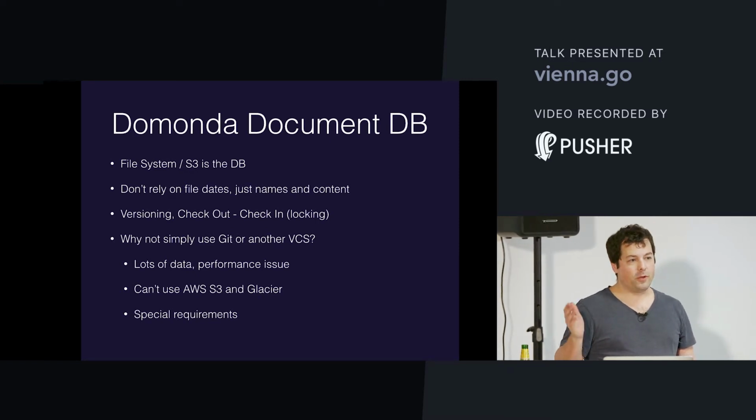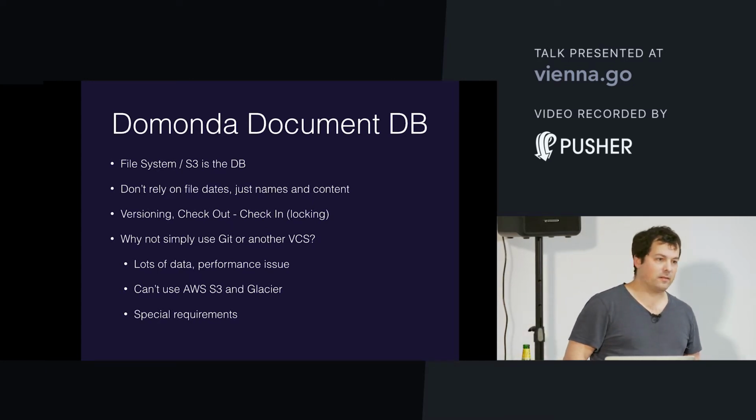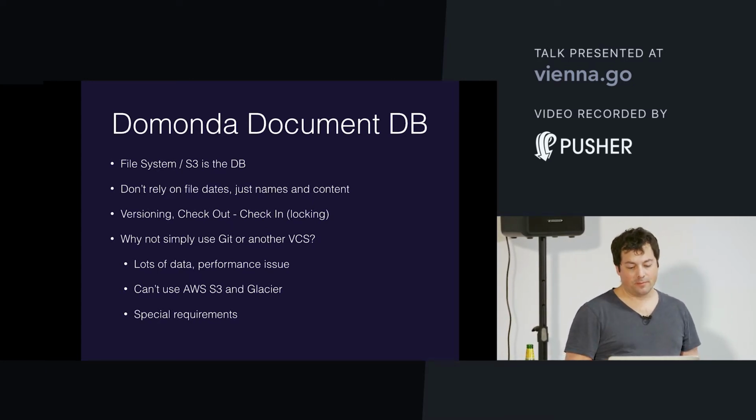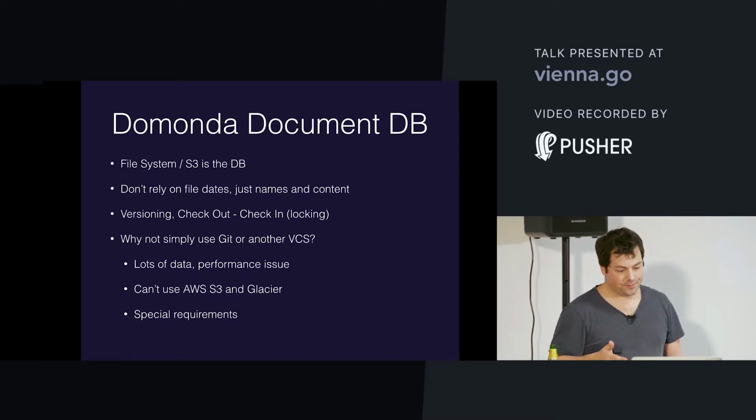So why are we not just using Git for something like that? Well, we have lots of data, and performance is always an issue here. And if we use some version control system, we can't use storage like AWS S3 and Glacier, which really helps, especially together with things like Lambda.